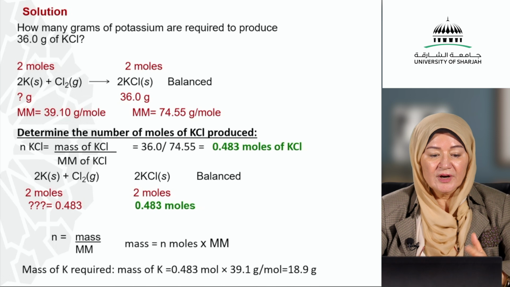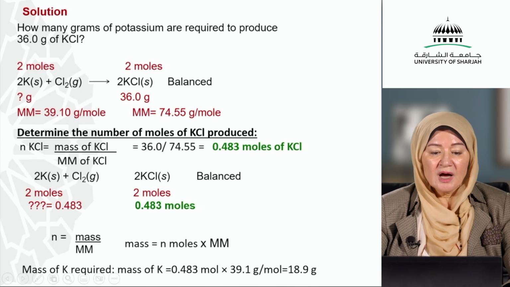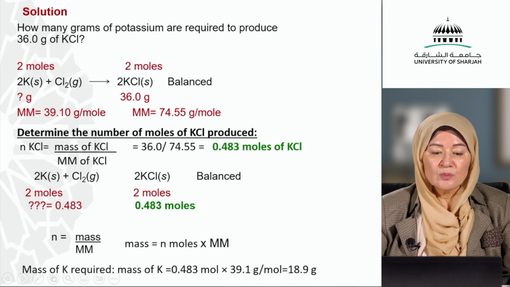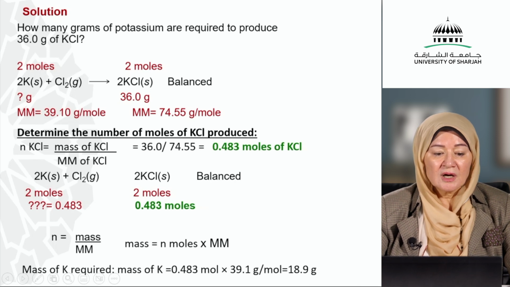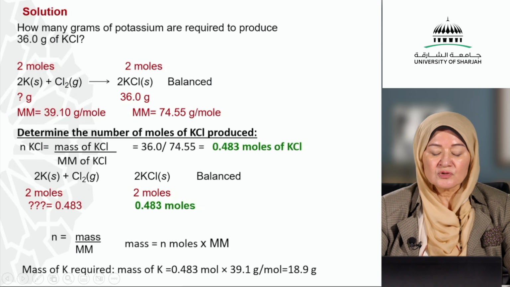Okay, and therefore here, what do I do? I have to convert the grams of KCl into moles. I know that for every 2 moles of potassium, it gives me 2 moles of KCl. How do I convert these grams into moles?